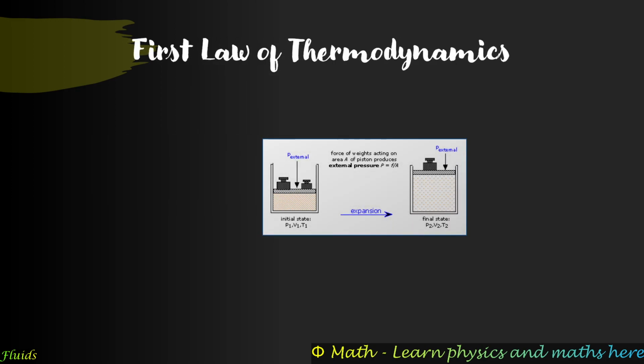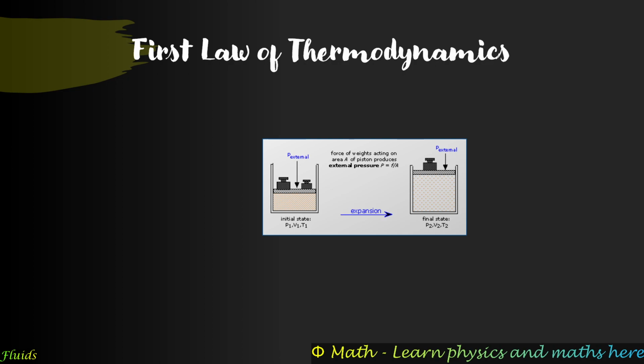Okay, so the first law of thermodynamics is generally an equation, while physics and chemistry differ in the equation by just a plus or negative sign. We'll look at that a bit later.